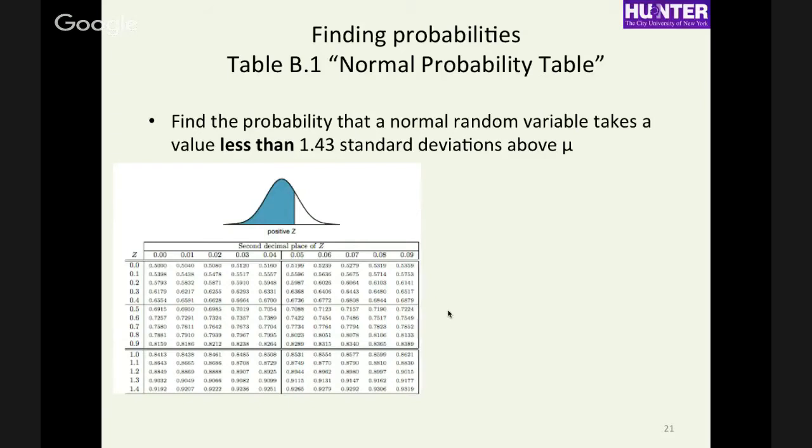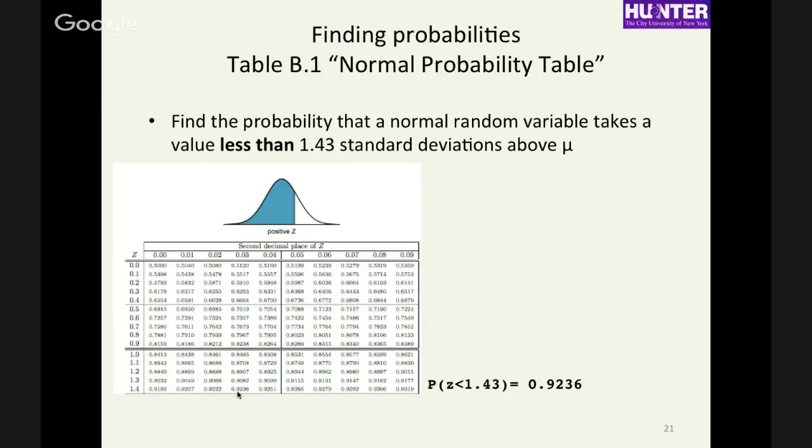So since we have the positive z-values here, we can just look this up directly. And the way you do it is you scan down the left to 1.4, and then you go, here's the 0.03. So you find where those meet. You get your first decimal place by going down the rows, and then the second decimal place by moving across. And we get 0.9236, and that's the answer.